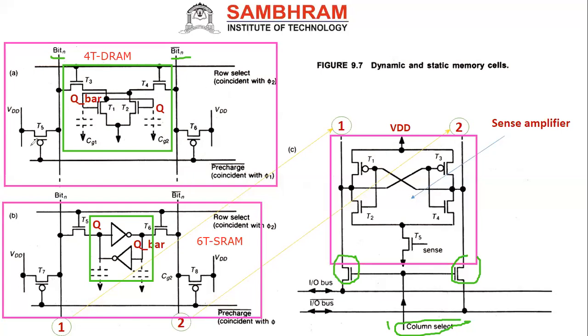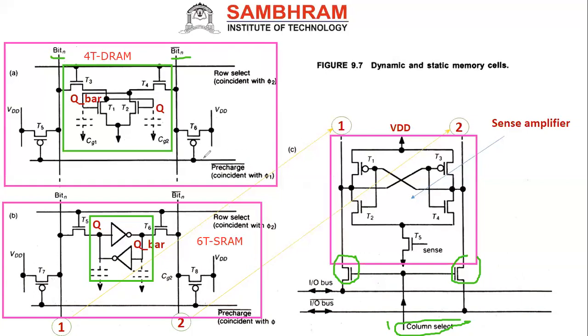Now you can see another transistor here, the PMOS. You can see externally here one PMOS, here one PMOS. This is normally to pre-charge the row select actually. For that purpose only we are using pre-charging, for the row select as well as the column select. So here you can see the row select is coincident with phi 2.